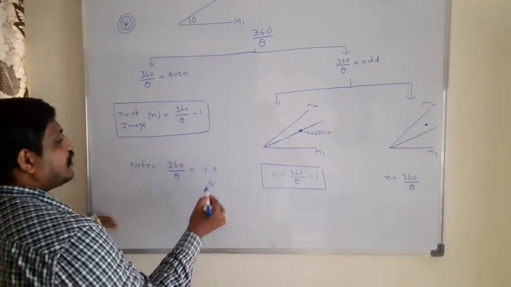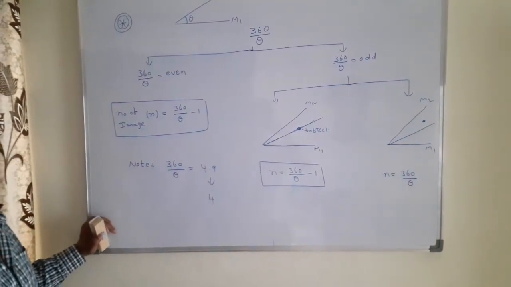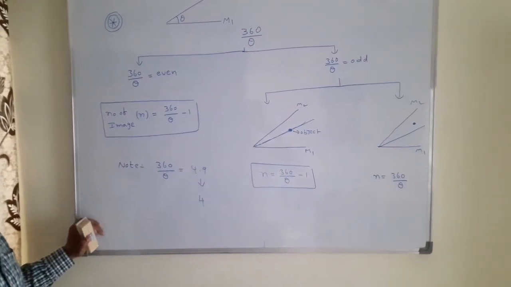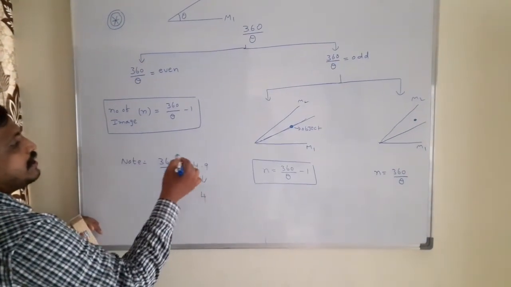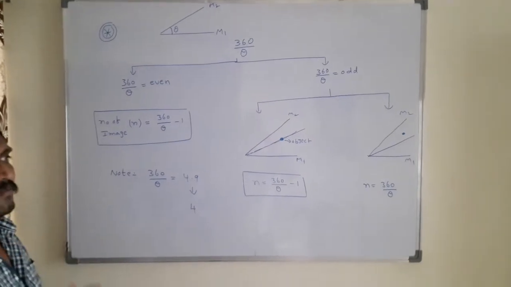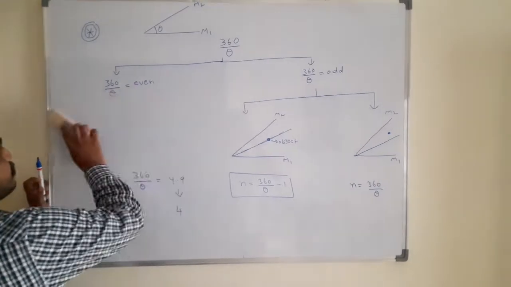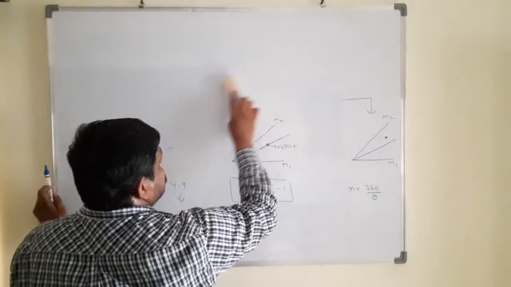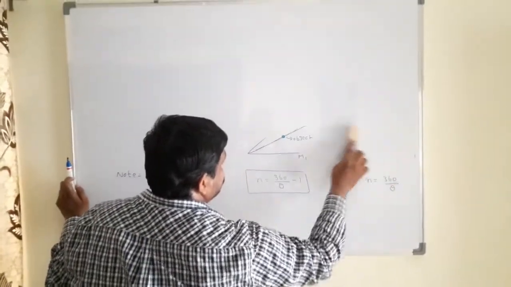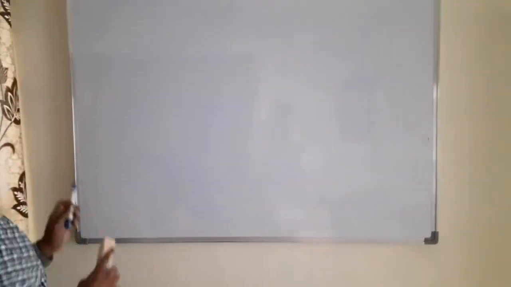In this situation also, directly write the number of images as 4. So 4.3 gives 4, 4.5 gives 4, 4.9 also gives 4. That means the remainder is ignored and the whole number is taken as the number of images. So by using these formulas we determine the number of images of two plane mirrors arranged making some angle.